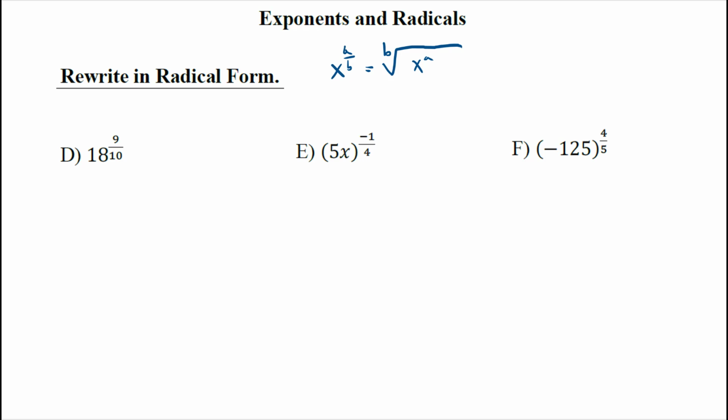So with this one, we have 18, and let's write a radical sign, in which case you should have 10, so the 10th root of 18 to the 9th power.